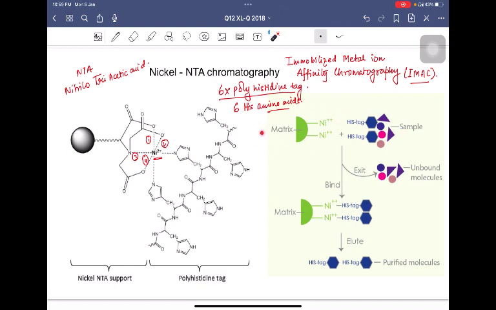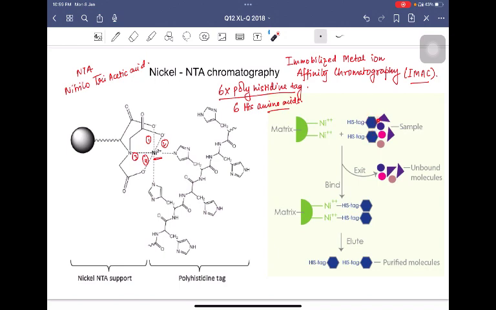For example, this is the matrix, and we have this protein sample. Suppose this is cell lysate. We have lysed a cell and isolated all the proteins, and there will be different types of proteins, but only our protein of interest will have the polyhistidine tag on it.